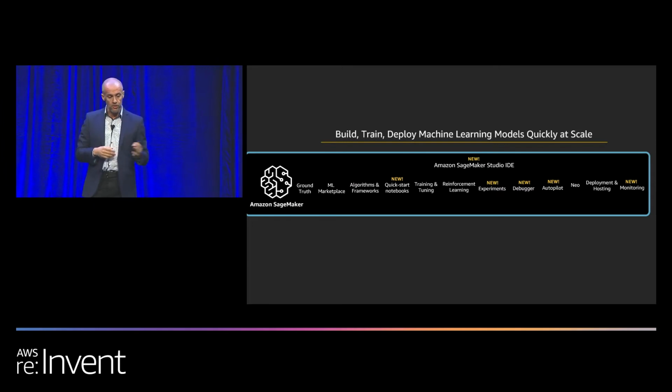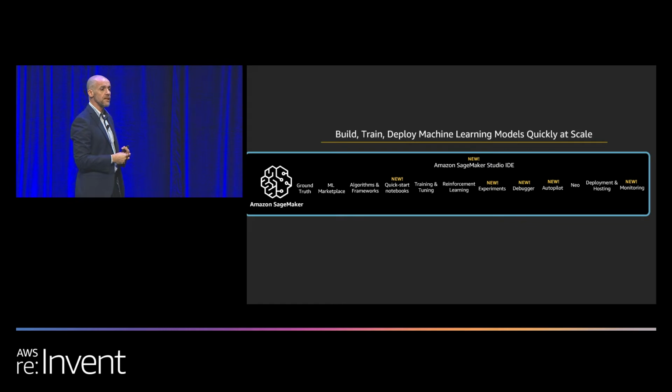It's composed of a whole bunch of projects. You can see them from the left to the right, from collecting ground truth for machine learning models, to a marketplace, to algorithms, to notebooks. And today we announced a new feature, the Quick Start notebooks, that allow you to significantly improve your time to coding. It allows you to train and tune models.